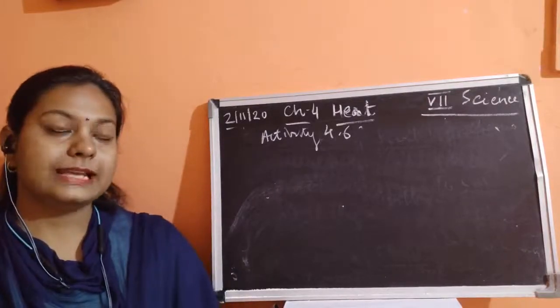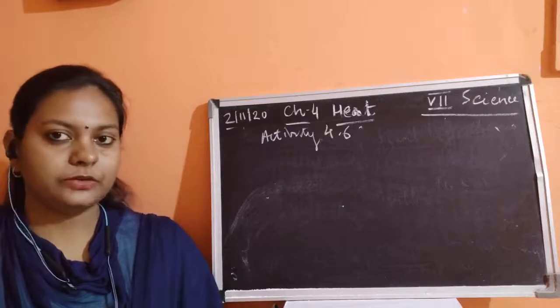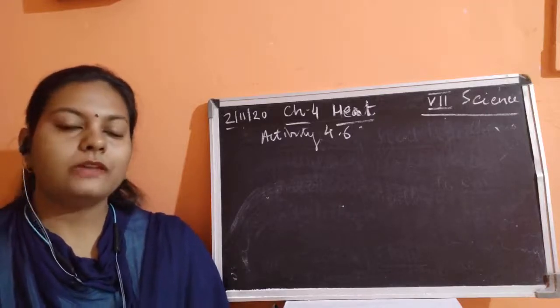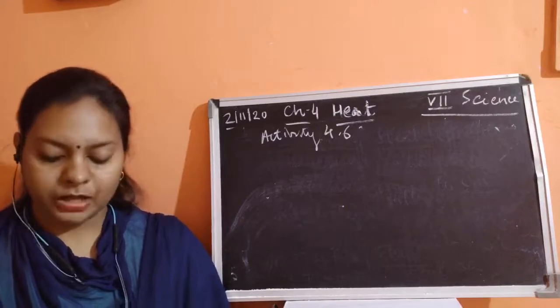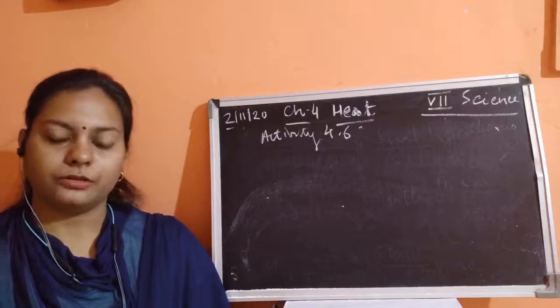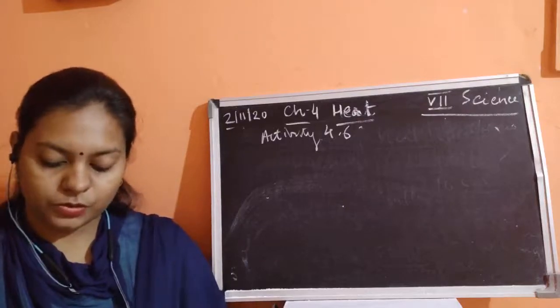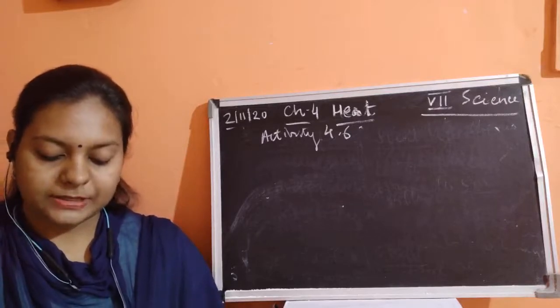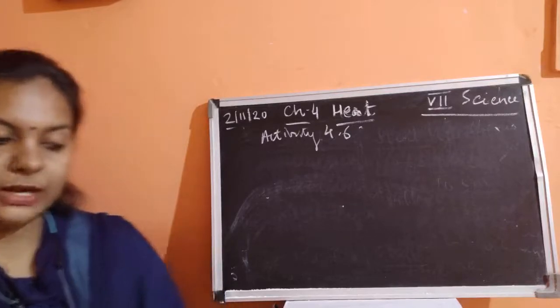We have to take the rod of either of the two types: either we will take an aluminium rod or we will take an iron rod. It could be a metallic strip also. It's not necessary that you have to take a rod. Now fix a few small wax pieces on the rod. These pieces should be nearly at equal distance.